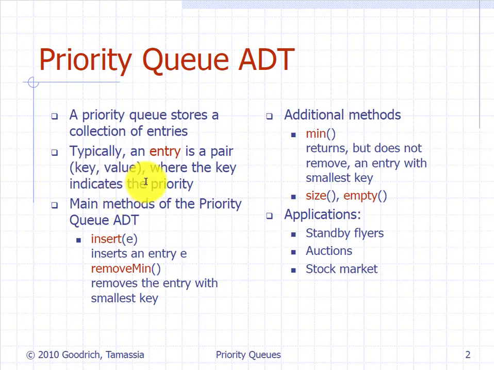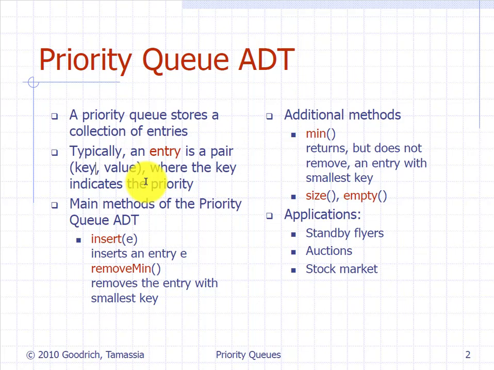So what makes it a priority queue is, sure, we can store this collection of entries, these key value pairs, but what makes it a priority queue is the ability to extract the maximum key or the minimum key, and the complexity of this differs. The complexity differs with respect to the way we organize the priority queue. We can organize it in different ways.